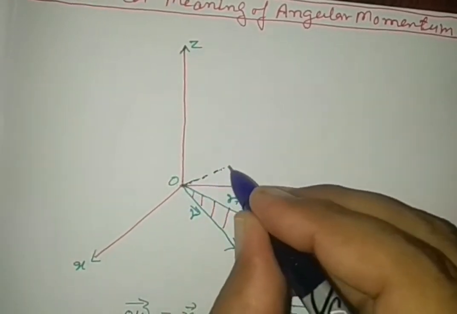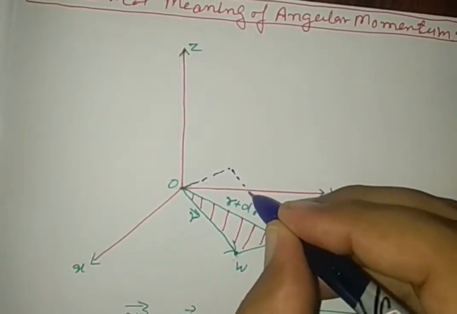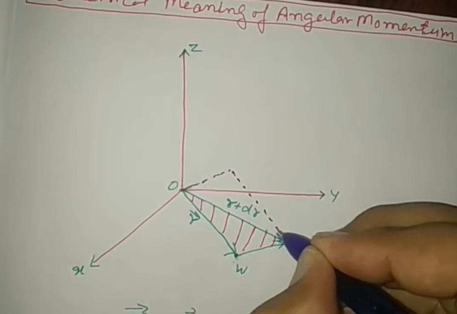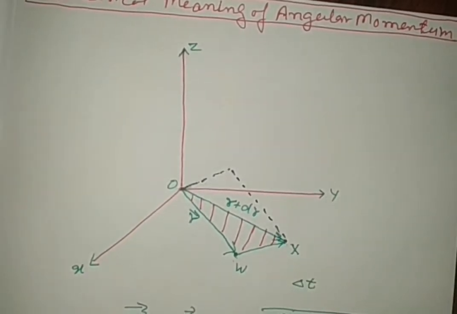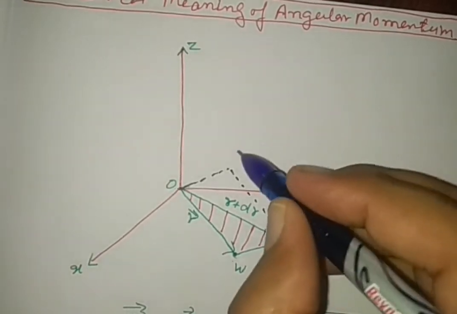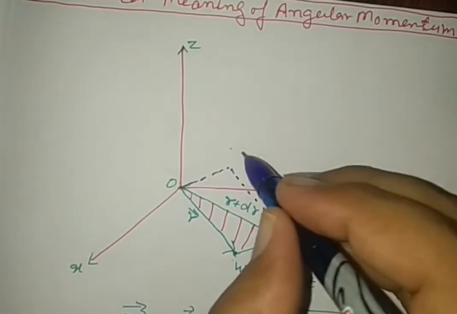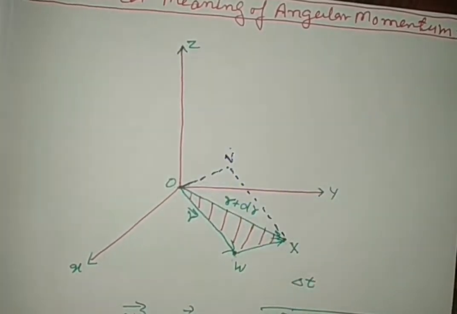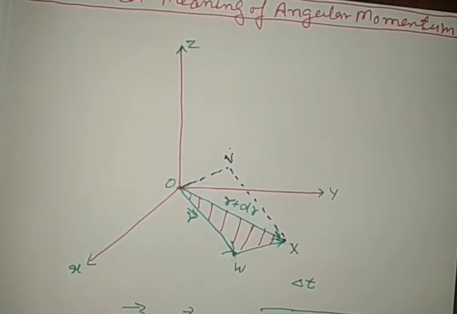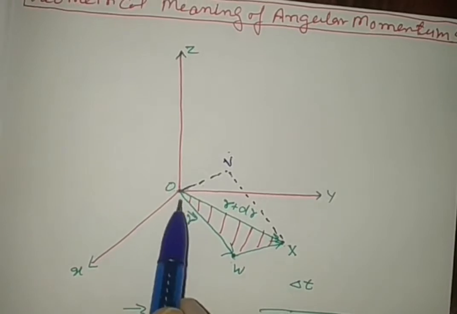Now join both. Let this point be Y and this point be V. Clear?